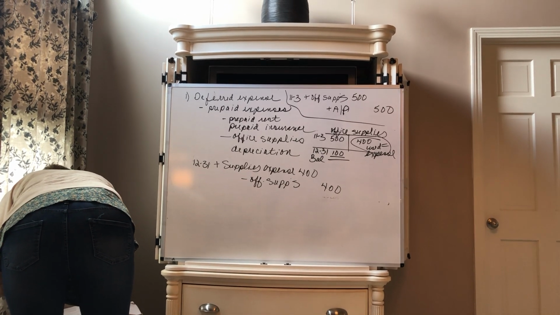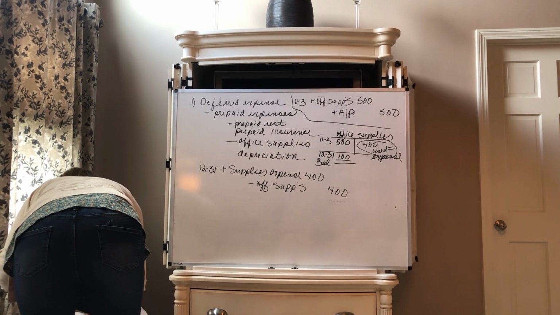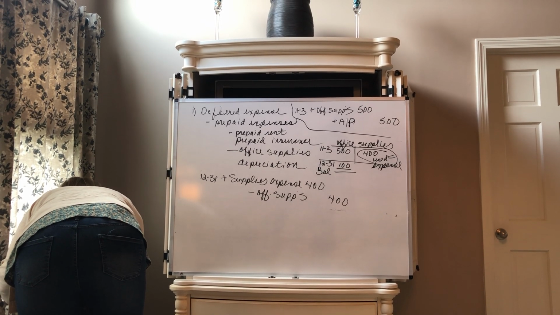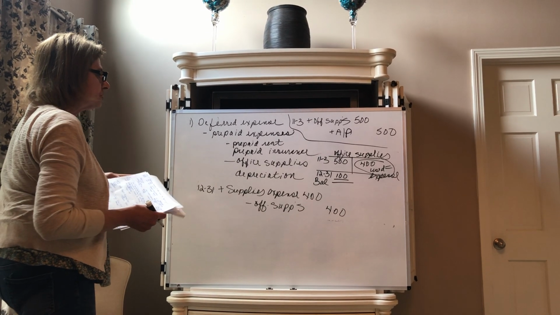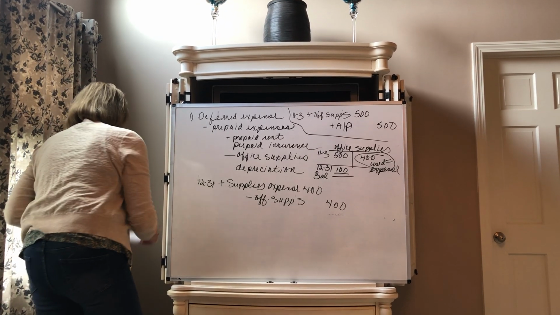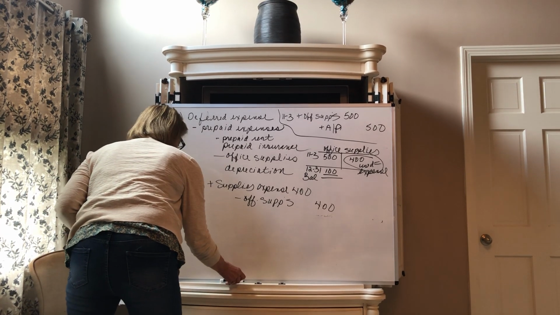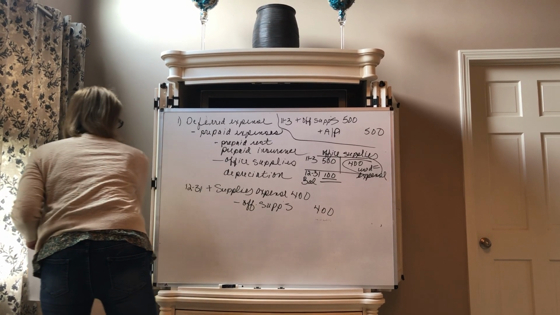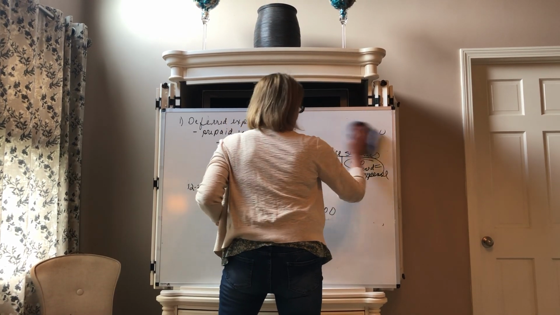And let me see, starts on page 124 to 127, pretty much. It shows you the whole thing. I'm just going to show you one example of it. Let me show you about depreciation.